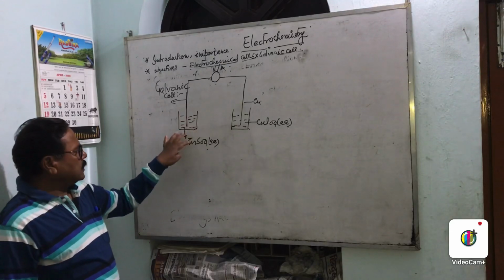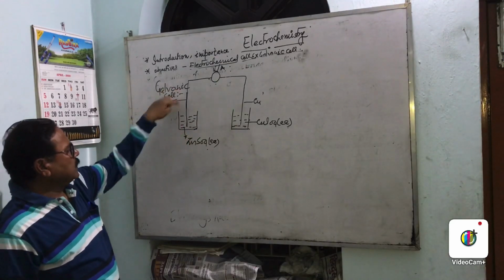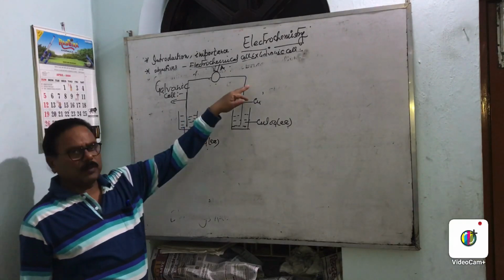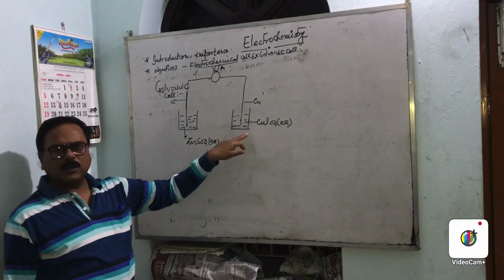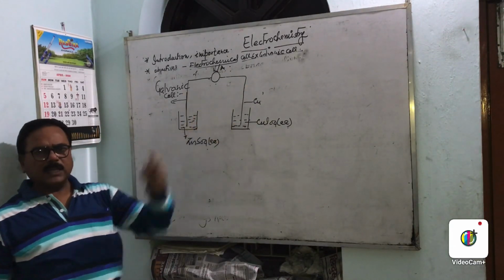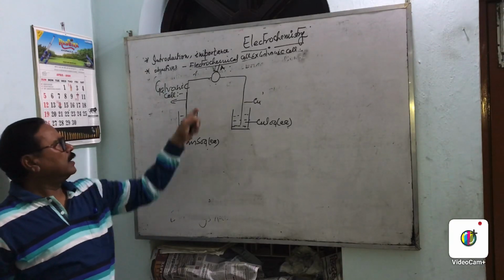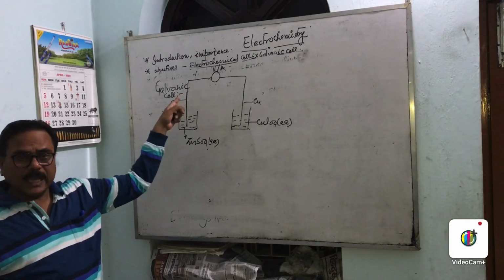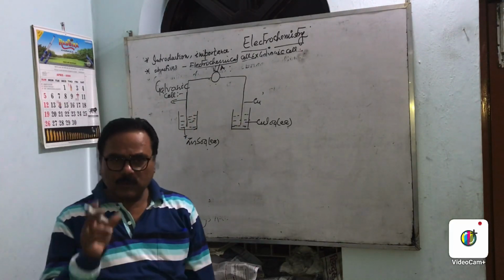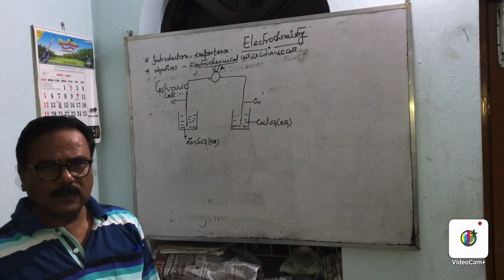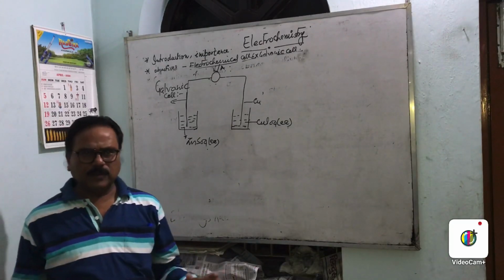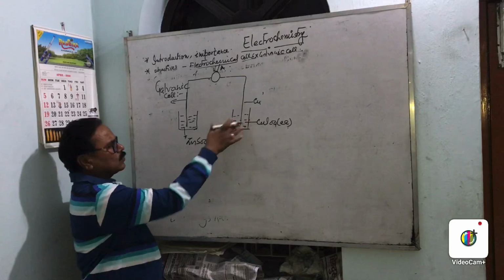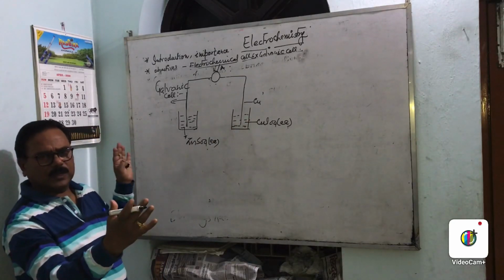One beaker has a zinc electrode dipped in zinc sulfate solution, and the other has a copper electrode dipped in copper sulfate solution. We connect it with the help of a wire and the voltmeter or ammeter. Will we see any deflection in the voltmeter needle? We can't see, because these two electrolytes are in different compartments.